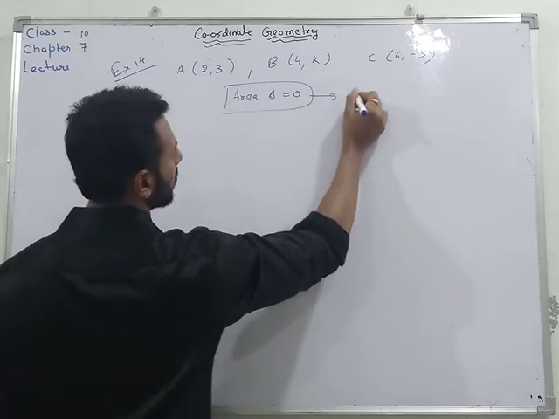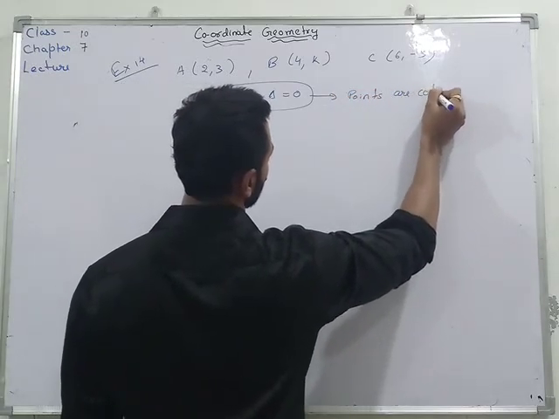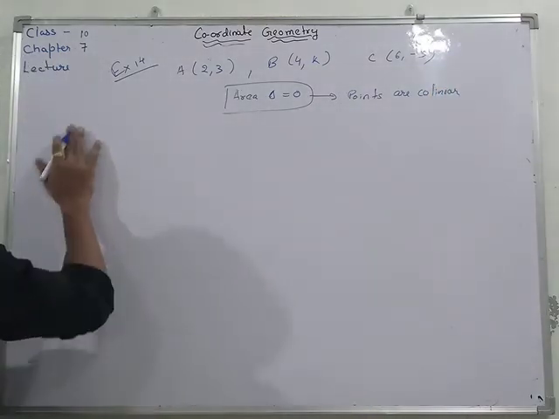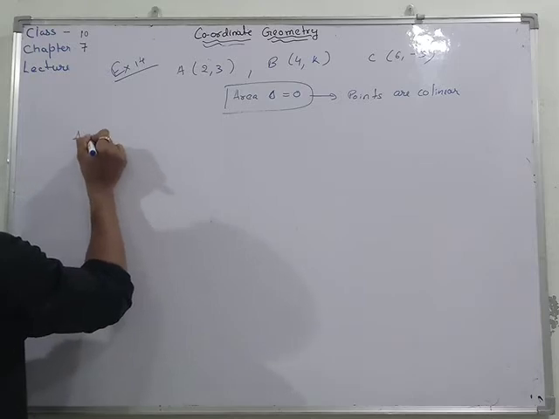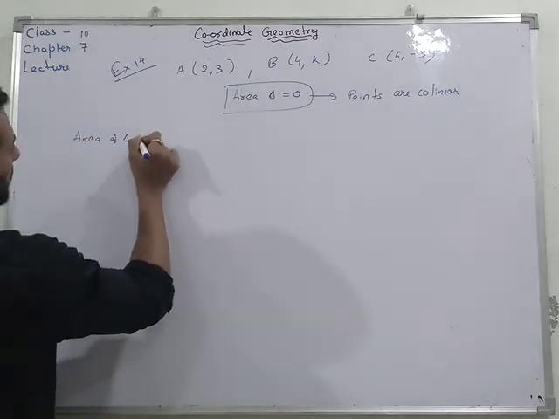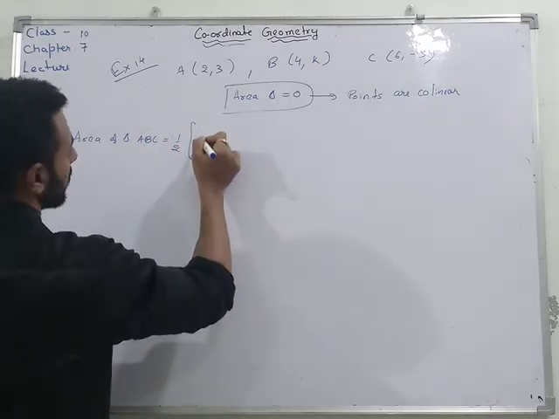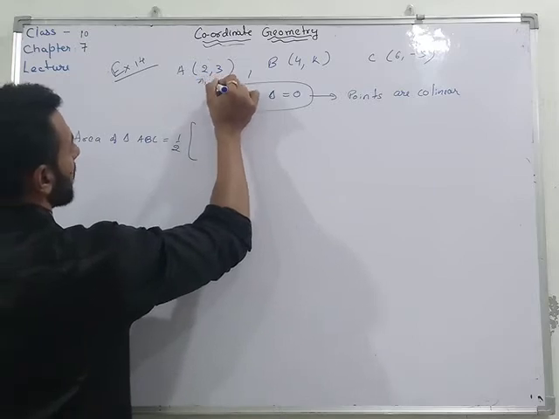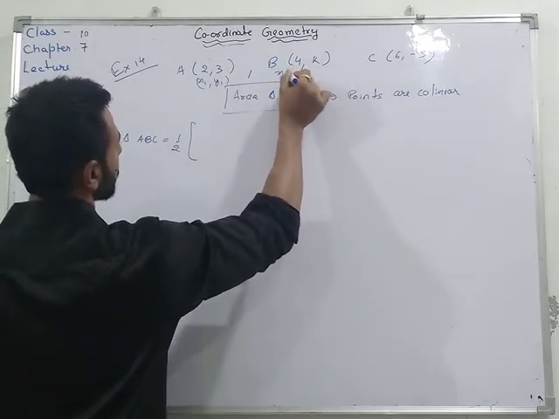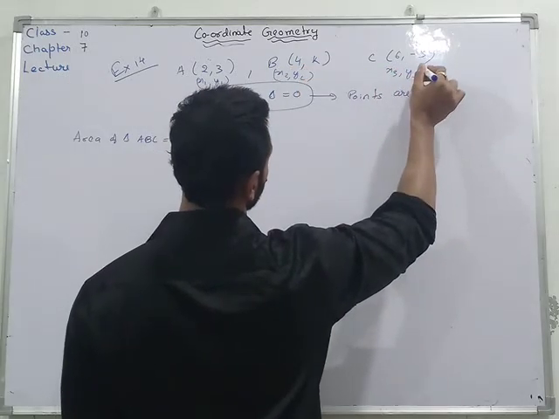Points are collinear. Applying the formula, area of triangle ABC is equal to 1 by 2, this is x1, y1, x2, y2 and x3, y3.